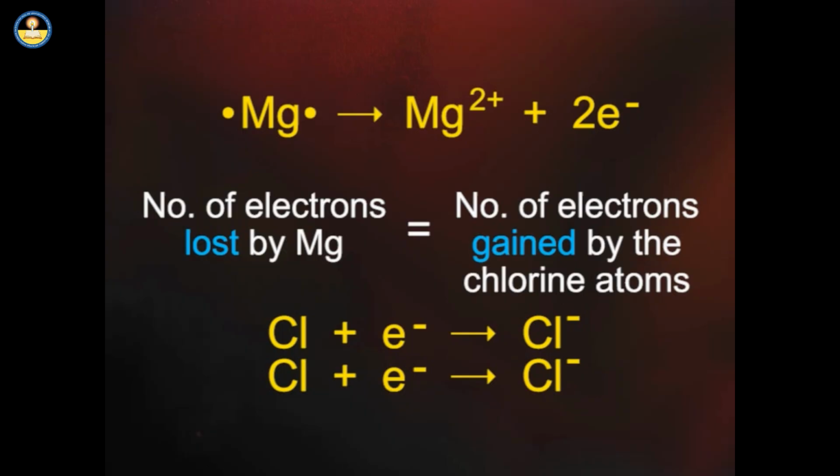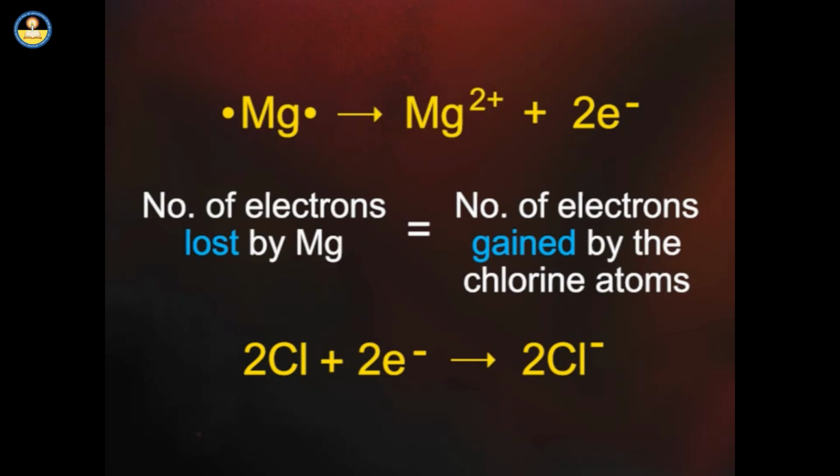One chlorine atom accepts 1 electron to form chloride ion. Another chlorine atom accepts 1 electron to form another chloride ion. To sum it up, 2 chlorine atoms accept 2 electrons to form 2 chloride ions.